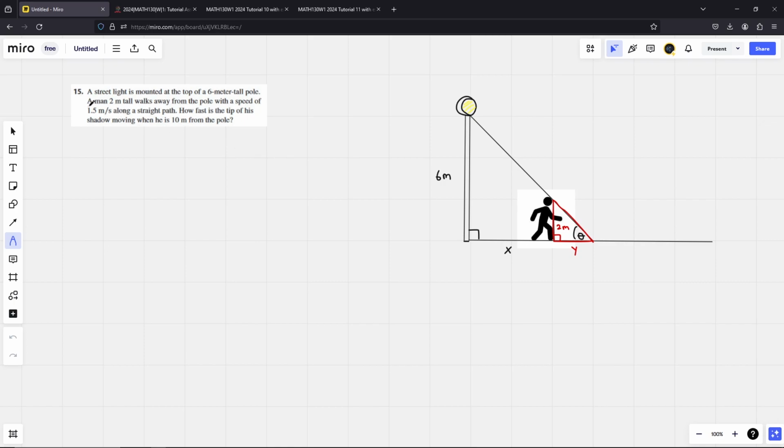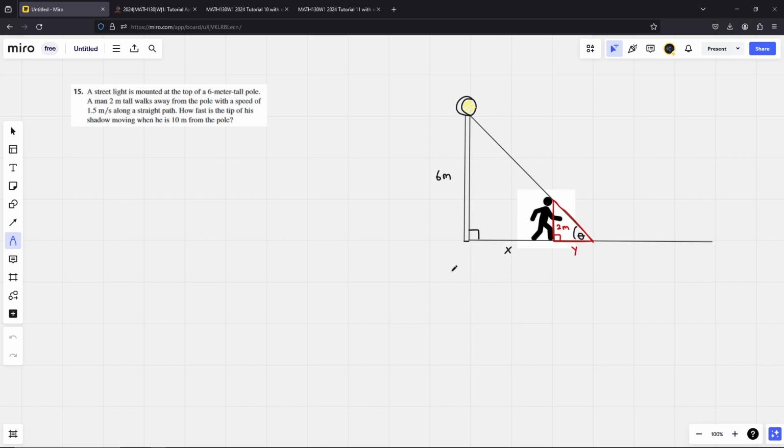And they also say that a man who is 2 meters tall, so here's the man in question, and as you can see, this is approximately 2 meters, walks away from this pole with a speed of 1.5 meters every second, along a straight path.